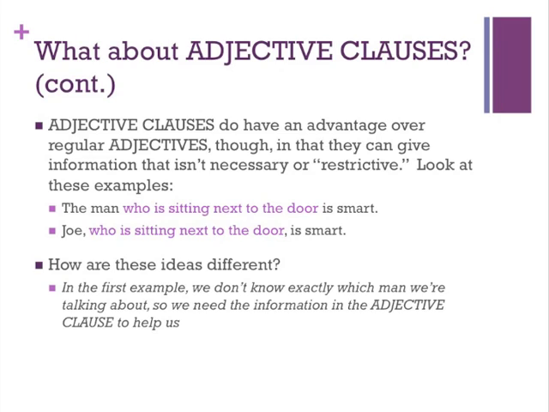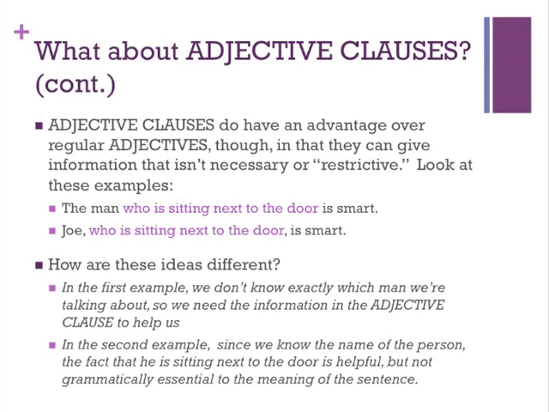Well, in the first example, we don't know exactly which man we're talking about. So in this case, the information in the adjective clause is what we refer to as necessary. It's there to help us. In the second example, since we already know this person, so maybe you're talking to a friend, and if you said Joe, the person would know exactly who you're talking about.